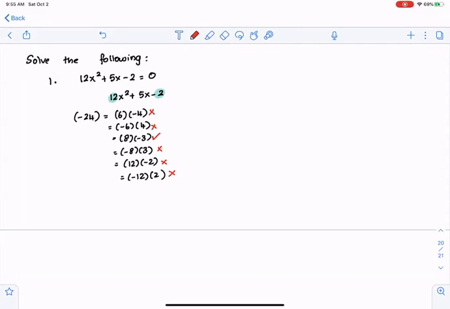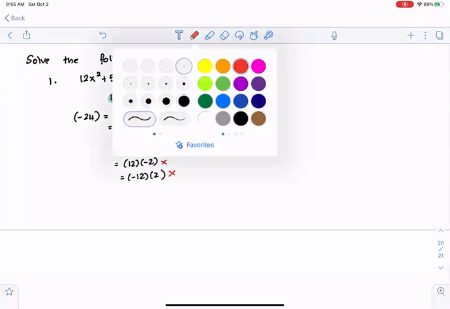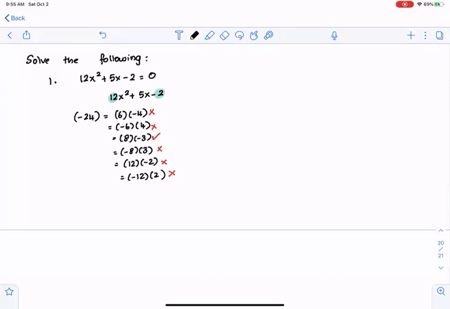You have the golden egg. So I am going to write 12x squared, split that 5x as 8x minus 3x, minus 2. 12x squared plus 8x minus 3x minus 2.